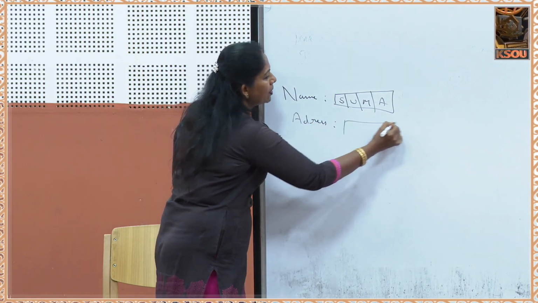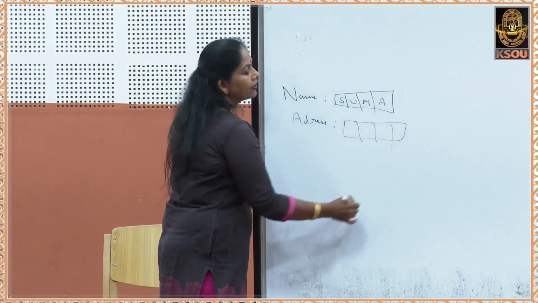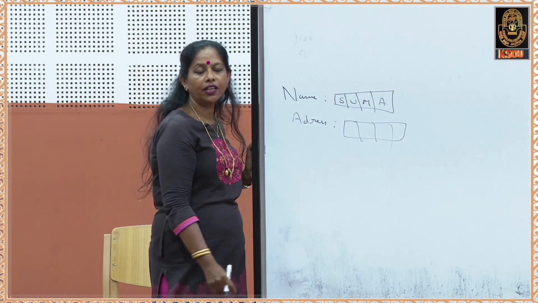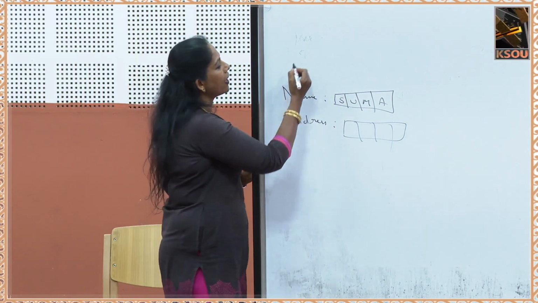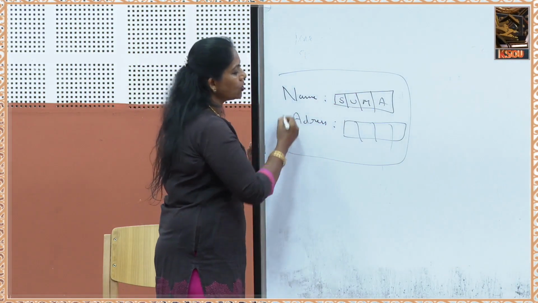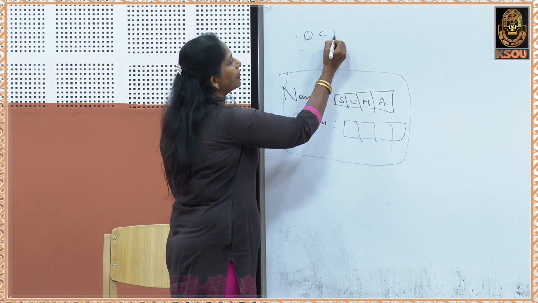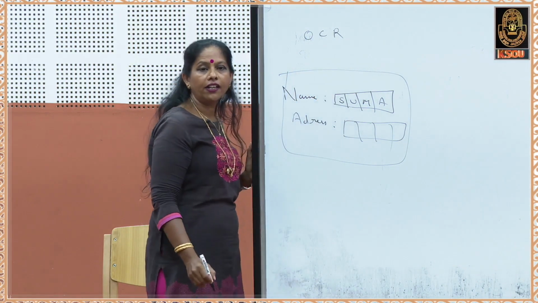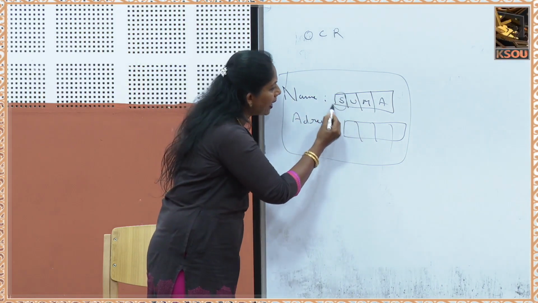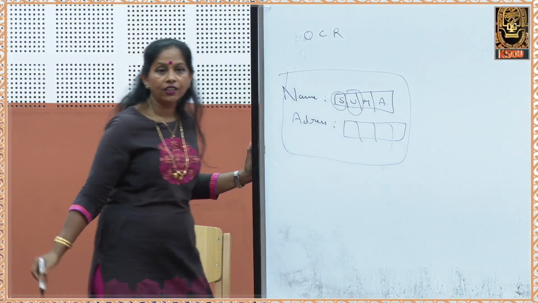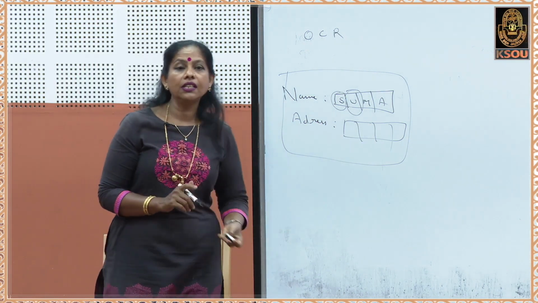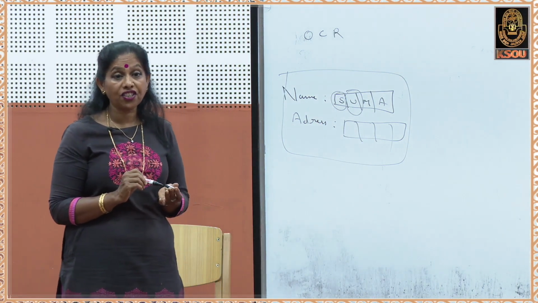In address also they'll give like this. You will write the address. Okay. So this is an OCR. Your application is an OCR application. OCR means optical character reader or recognition, because one character is scanned. One character is scanned, means your alphabets are scanned.